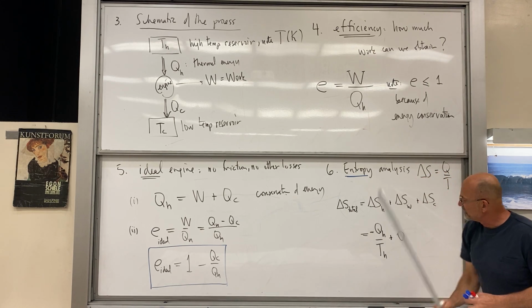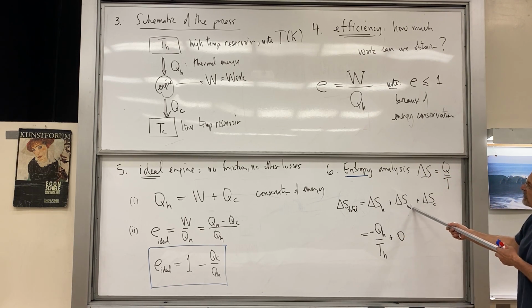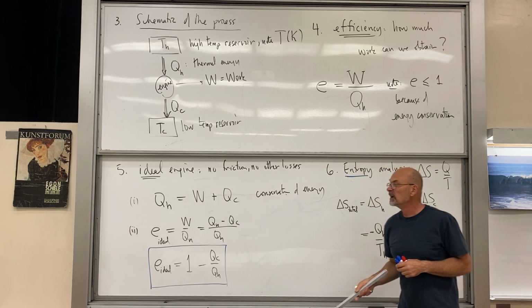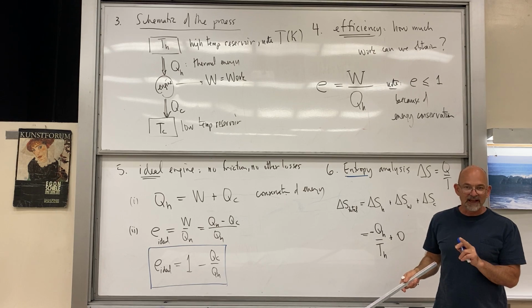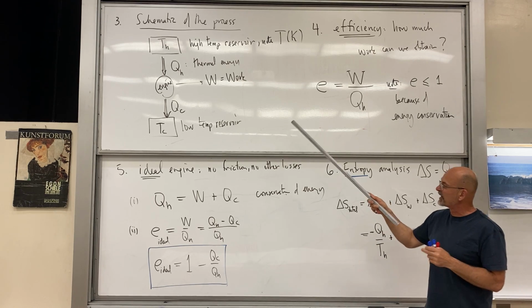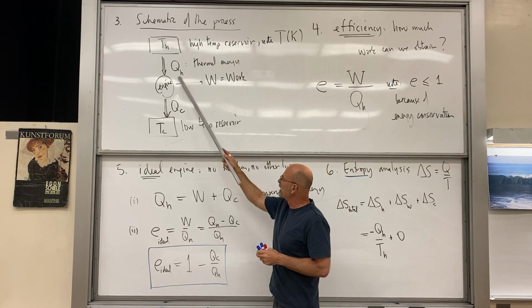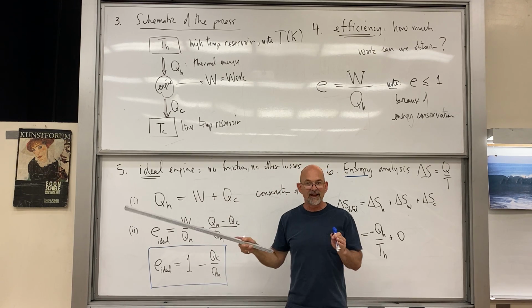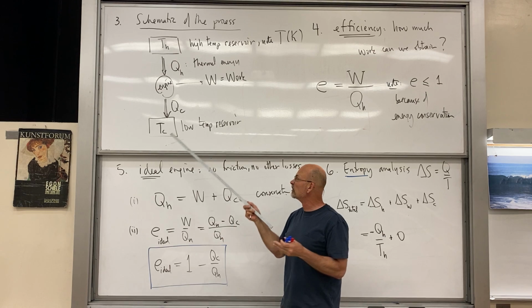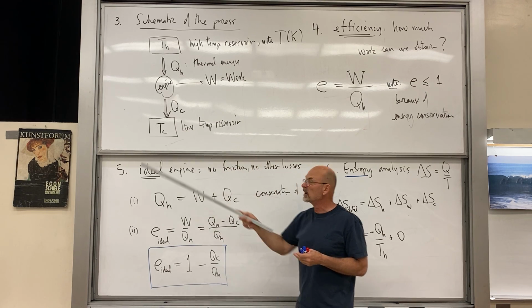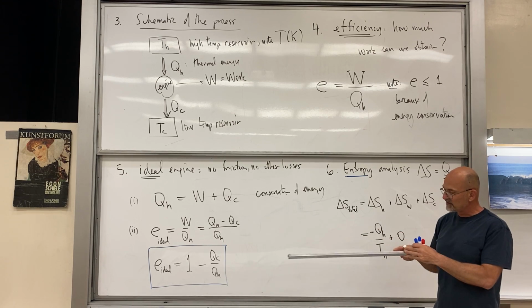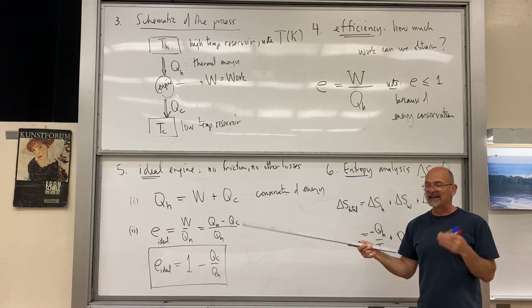The entropy change of the engine is 0, because it's an ideal engine and it's a cyclic process. The engine makes one complete turn and it's exactly the same as it was before, which means that there's no increase in disorder. It's the same engine, it hasn't worn out a bit, it's completely ideal.